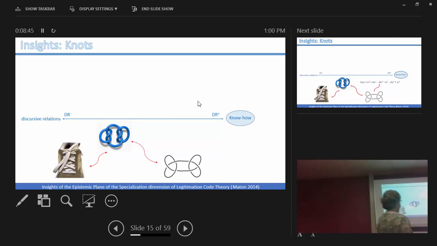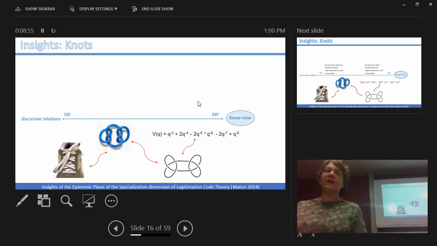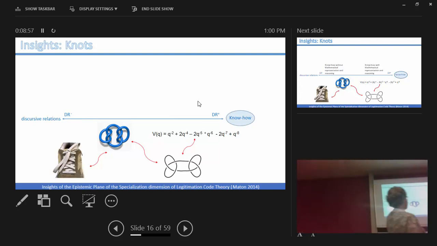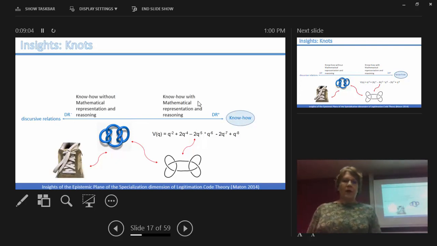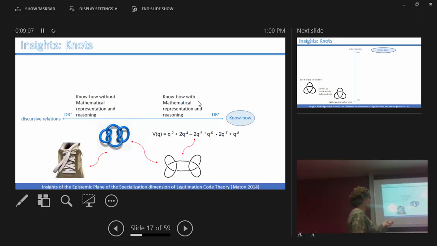You can go to a more mathematical representation by looking carefully at how the lace is going under or over, and you could even represent that really mathematically by capturing the various links that you have here and whether they're over or under. Looking at this in terms of knowing how, reasoning that here you know how without mathematical representation or reasoning, and on this side you're knowing how with more mathematics.